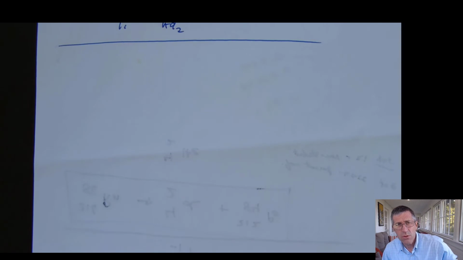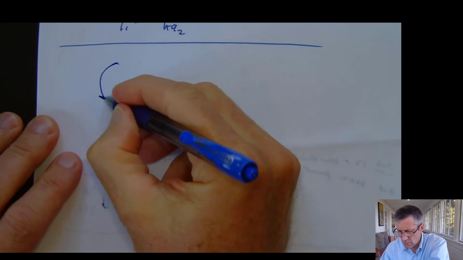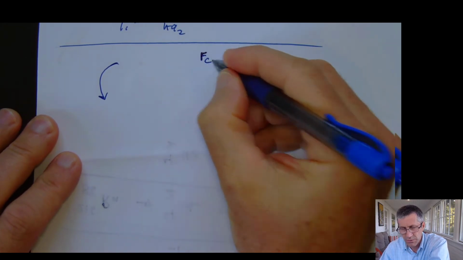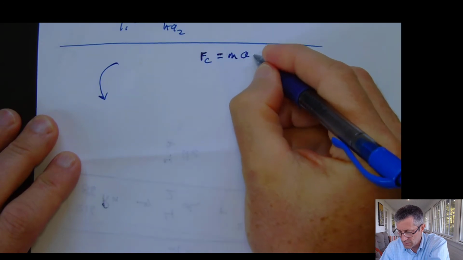So let me go through one example that was actually an AP test question a couple of years ago, and I thought it was challenging to do on a test, but it is a fair question. So if you have something that's going in a circle, we can describe that circular motion. So the centripetal force that must make that go is equal to mass times centripetal acceleration.